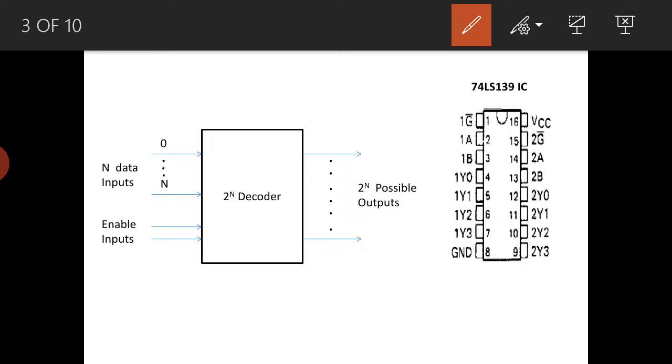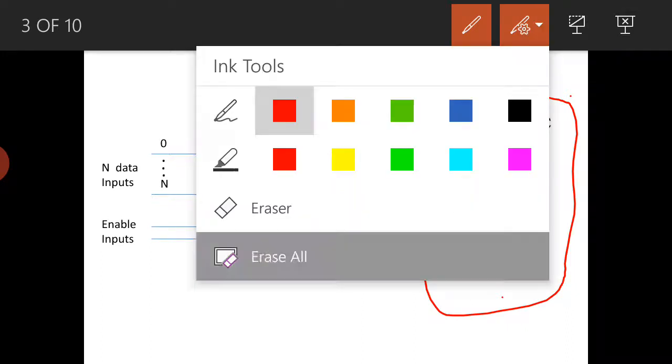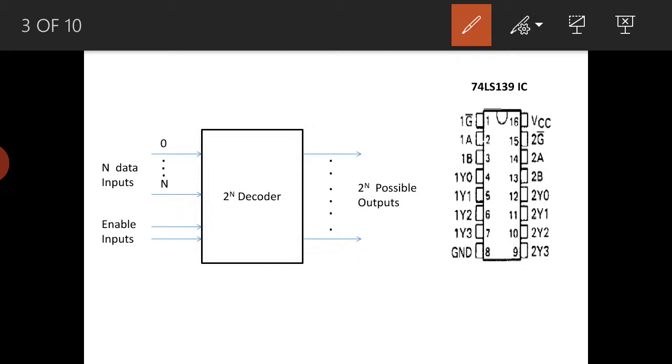This IC has 2 decoders, 2:4 decoders. As you can see, the 2 inputs are data inputs here, and the control signal is G, and here the control signal is G again. These are the 4 outputs of one decoder, and these are the 4 outputs of another decoder.